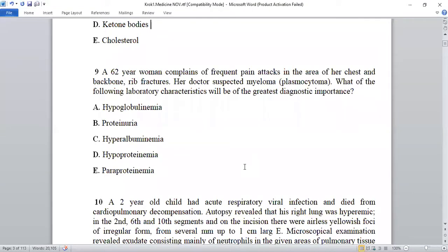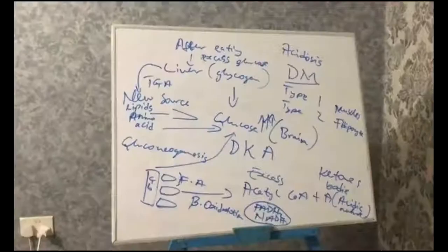Dr. Mo, I wanted to ask a question concerning the diabetic aspect. I want to know if the ketone bodies can cross the blood-brain barrier? Yes, it can. Like how the glucose can also cross to feed the brain.